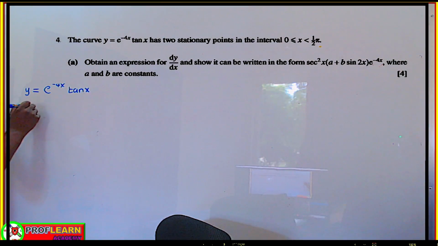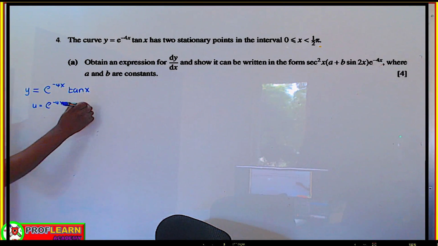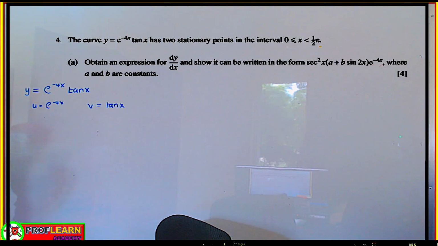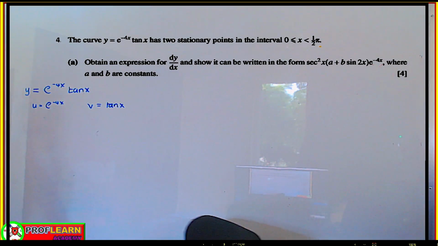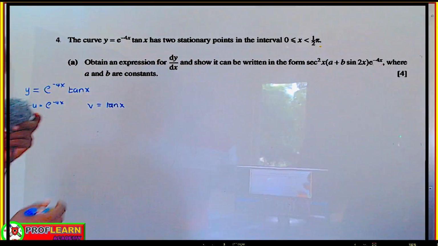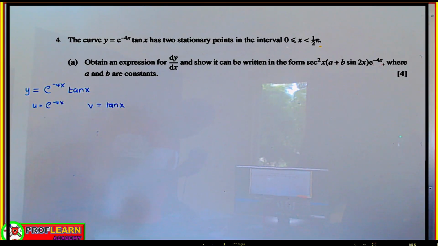So we shall start by saying that our u in this is e to negative 4x, and our v in this case is tan x. Because when we're going to apply product rule, we are going to make use of dv, and actually we are going to make use of du. So it's wise at that point that we find our du/dx. du/dx is going to be equal to, when you are differentiating exponential functions, you differentiate the top and you get the answer.